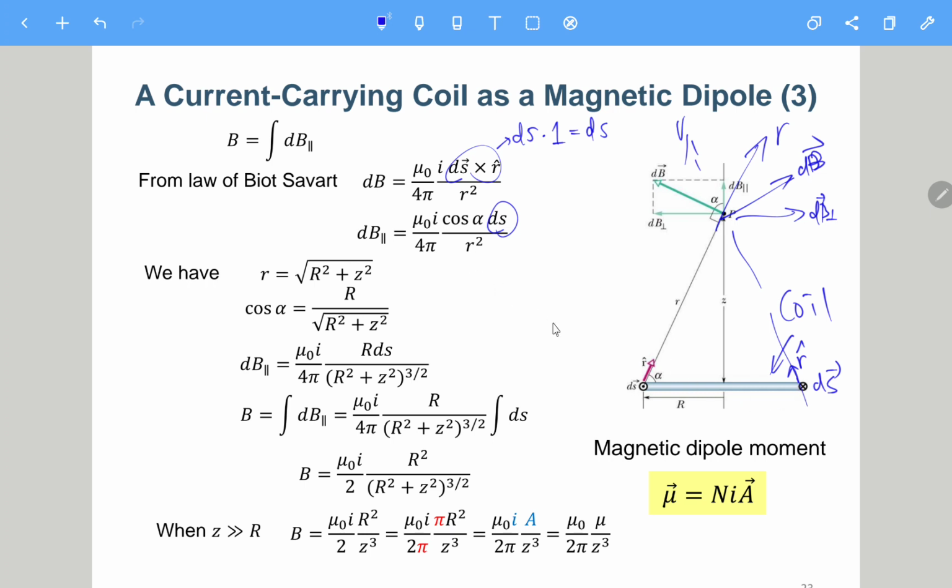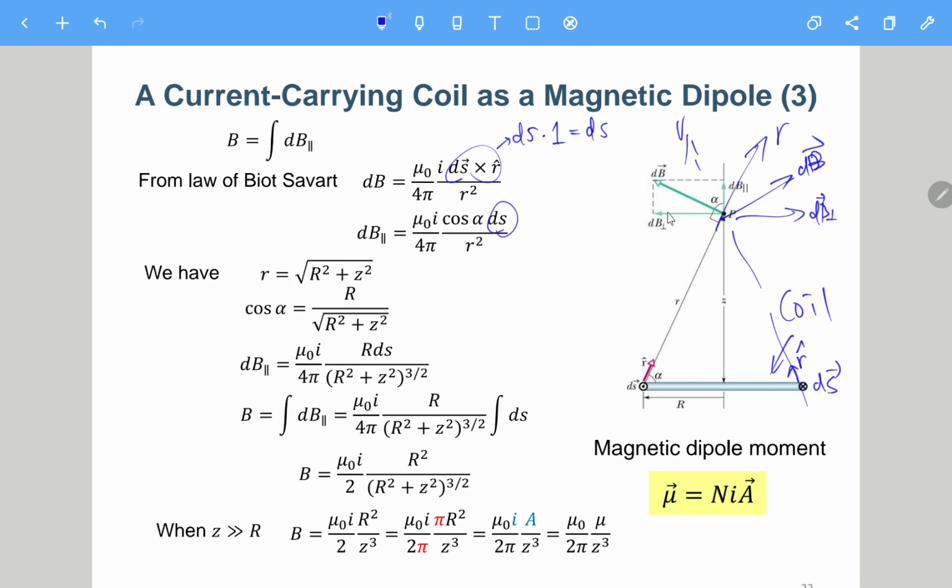Small r, from this point to there, is an unknown value, so we need to express it in terms of z and capital R. Capital R is known because it is the radius of the current loop, and z is the distance from this loop to the point P we are concerned with. So r is the square root of capital R squared plus z squared. Then we can plug it in here.